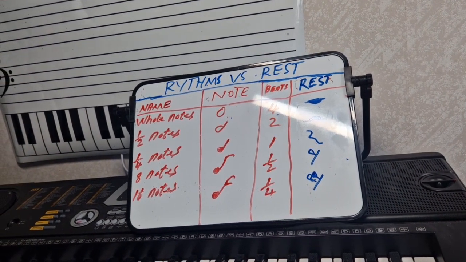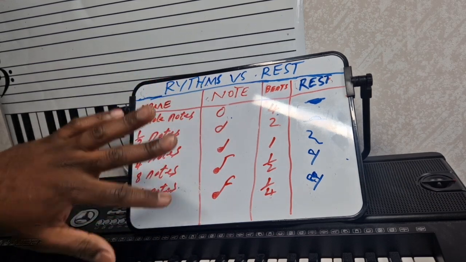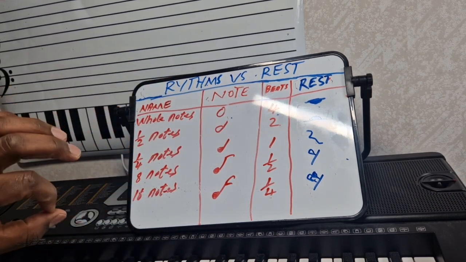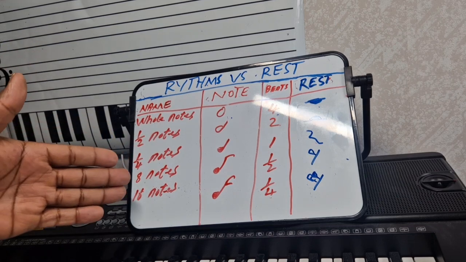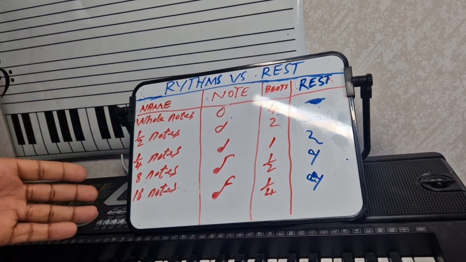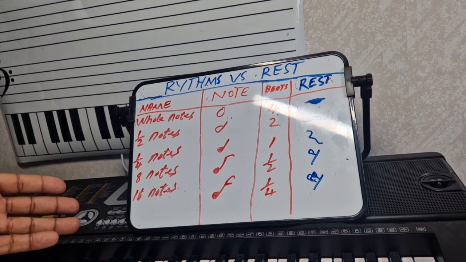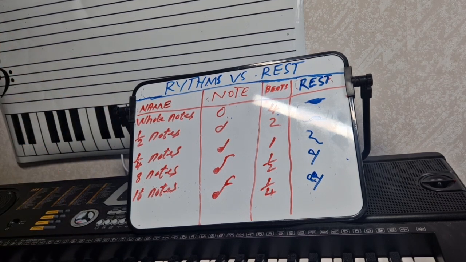And now, one question I received from our previous lectures was about the differences between these notes. Some people did not really understand the differences between the notes, whether an 8th note means it is 8 beats, or a 16th note means it is 16 beats, or whether a whole note means it is 4 beats.